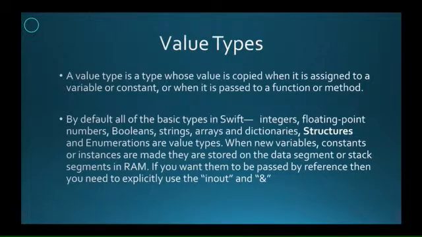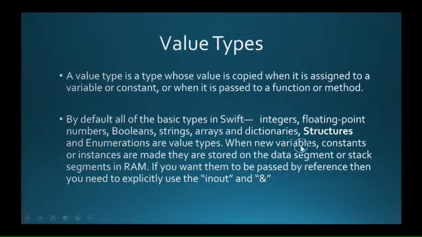Now by default, all of the basic types in Swift, integers, floating point numbers or doubles, booleans, strings, arrays, and dictionaries are all called value types. Even structures and enumerations are value types.